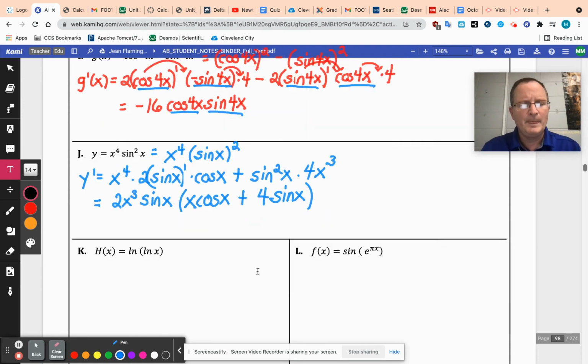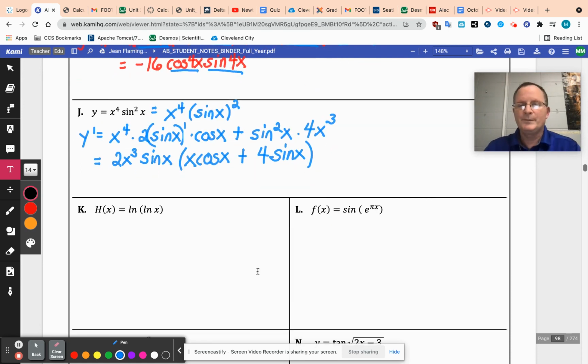Okay. All right. Oh, this one's cool. The next two are pretty quick. I and J took up some time there, but this one's fine. So this is going to be H prime. We have a natural log inside a natural log. So H prime of x. This doesn't have any of the cancellation effect that we saw before with the logarithm rule. There's not really a logarithm rule for this.